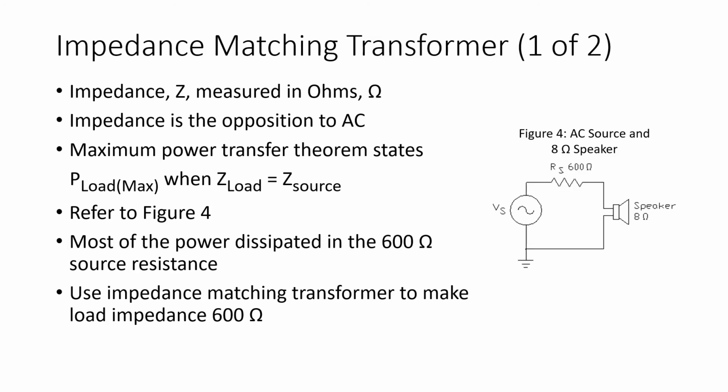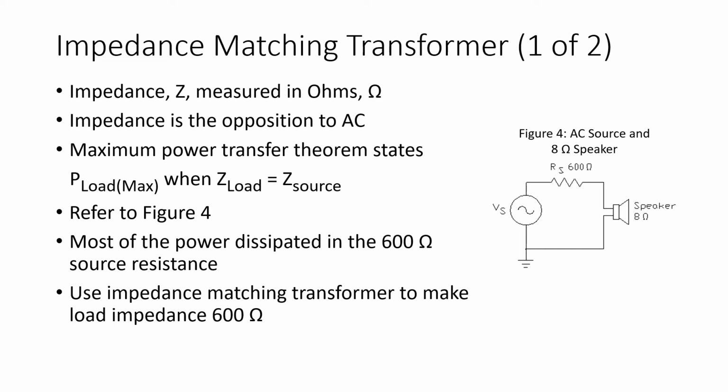Now, the last application we'll look at for transformers is for impedance matching. And before we talk about impedance matching, we need to define impedance. Impedance, symbolized with the letter Z, is measured in ohms. The unit symbol is the Greek letter omega.